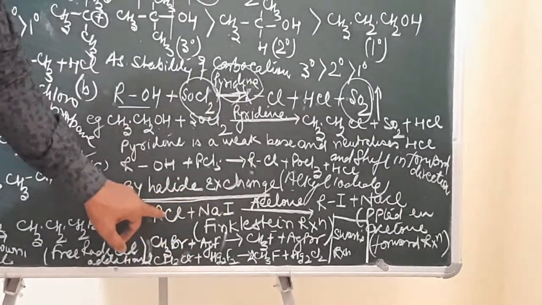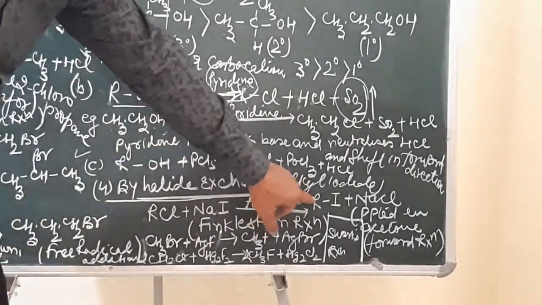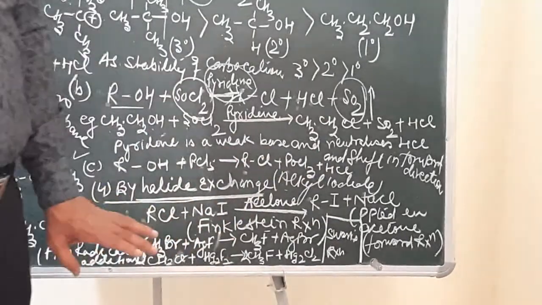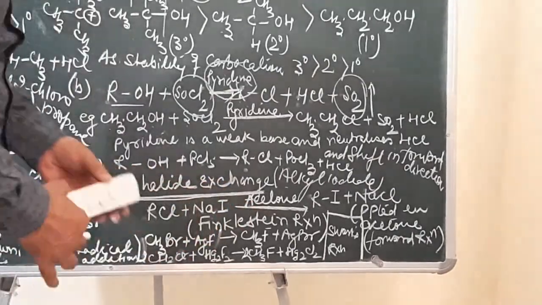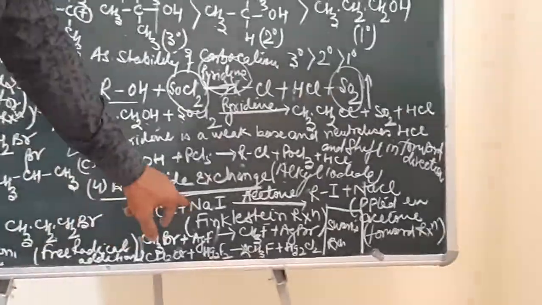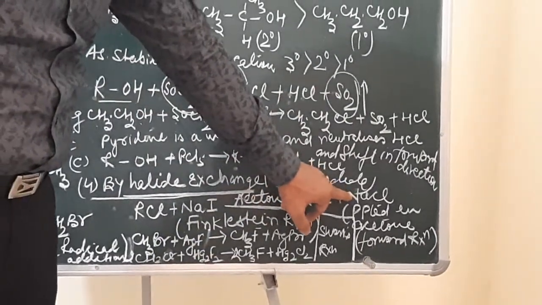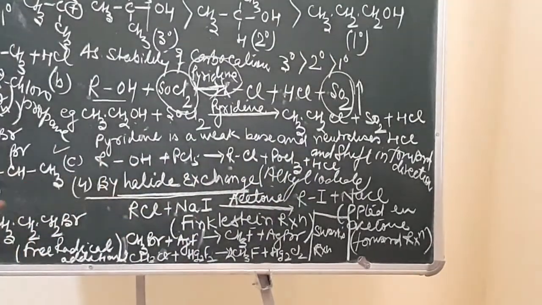The iodo group will substitute the chloro group and will result in the formation of alkyl iodide and sodium chloride. This particular reaction is known as the Finkelstein reaction. The reaction is carried out in the presence of acetone. Now, what is the function of acetone? Acetone will precipitate out sodium chloride and hence will shift the reaction in the forward direction.